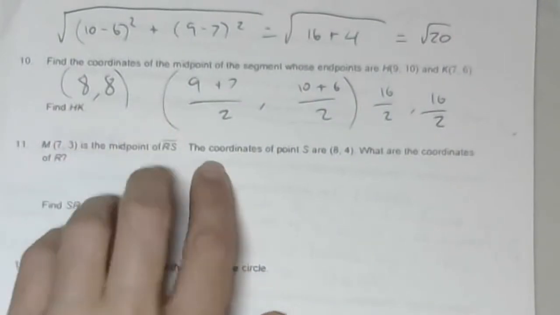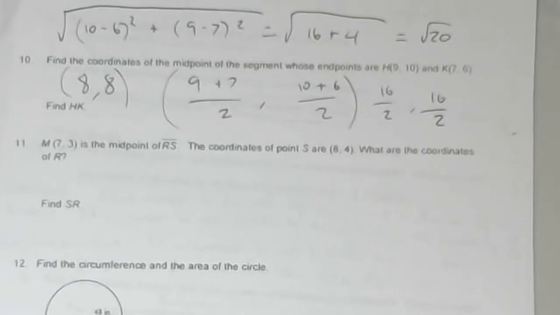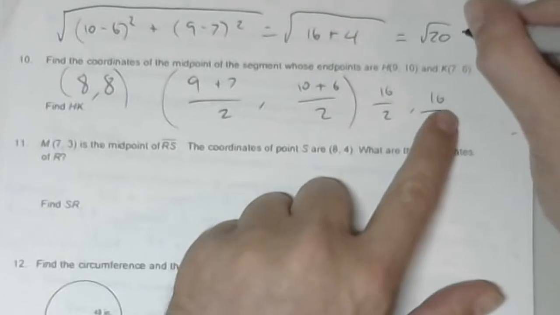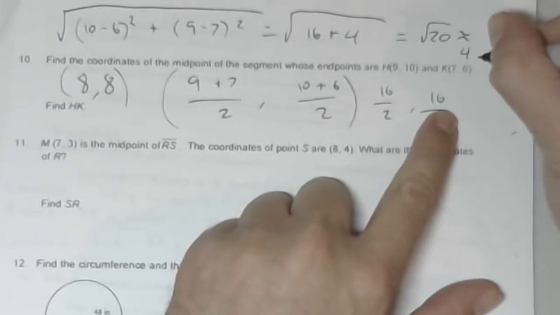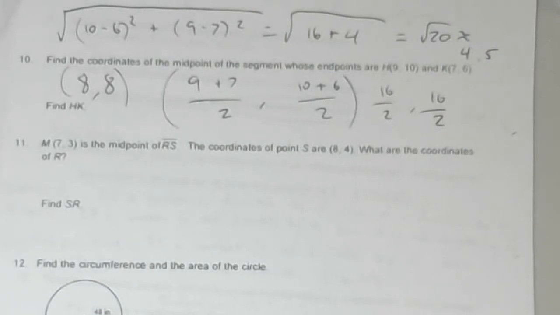Square root of 20. Just make sure I did that right. 10 minus 6 is 4, 16. 9 minus 7 is 2, 4. Square root of 20, which is, if they want it to the nearest tenth again, approximately equal to 4.5. To the nearest tenth.